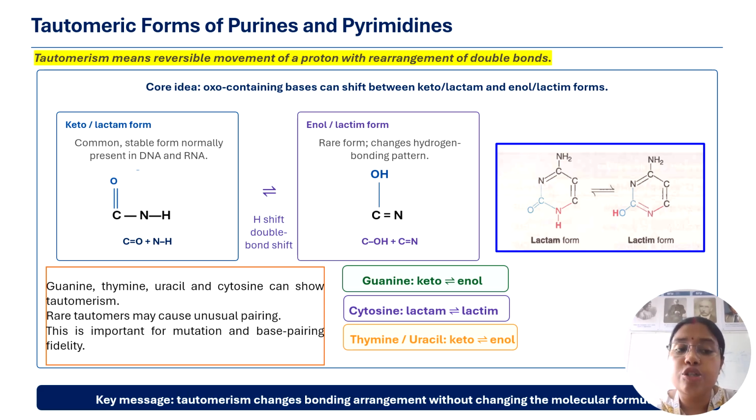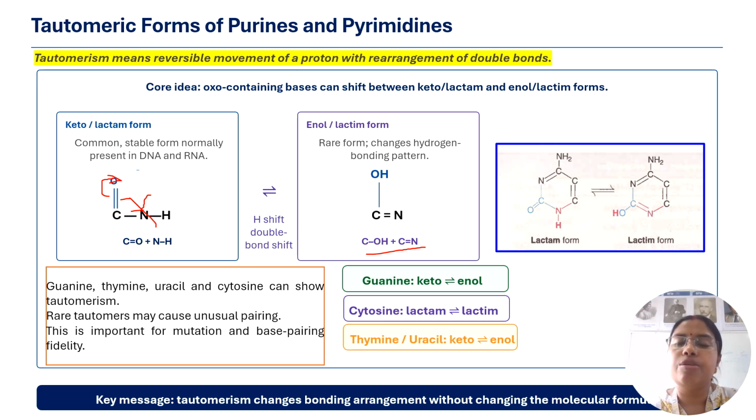Actually, if the keto group or the lactam form is present, then the tautomerism is possible, because there is the possibility that this keto form can convert to the enol form, because the proton will come here and go in the upward direction, so we can form the C-OH plus C double bond N. So this keto-enol and lactam to lactim conversion is possible.